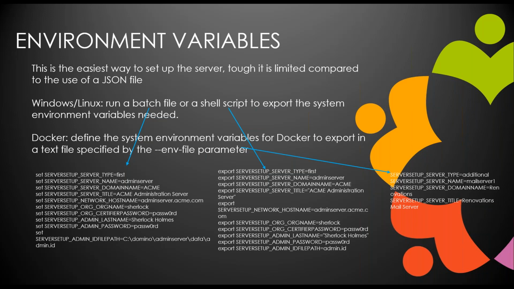For Docker, you define the variables in a text file, and then you refer to this file when you run the command to set it up.